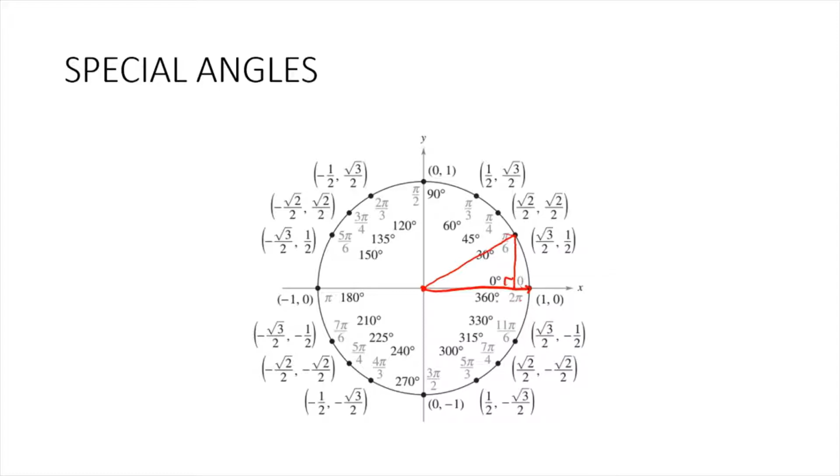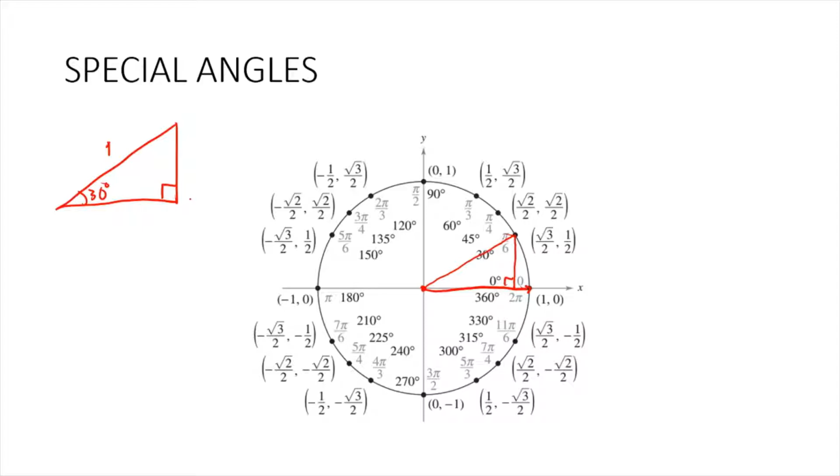Let's take this right triangle out. This angle here is 30 degrees. The length of the hypotenuse is equal to the radius of the circle. This is the unit circle, therefore the radius is 1 unit.